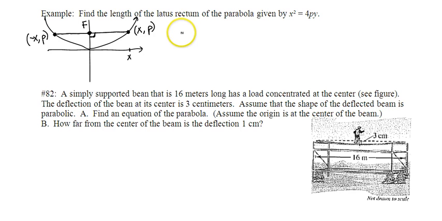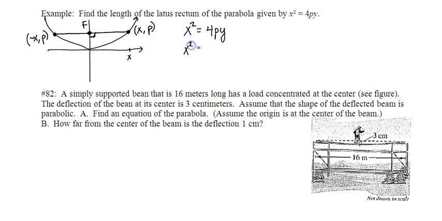From here, I said, well, I know the equation is x squared equals 4py. And I wanted to figure out, if I plug in this point, so I'm going to plug in the point (x, p). If I plug in x in place of x, that doesn't change anything.